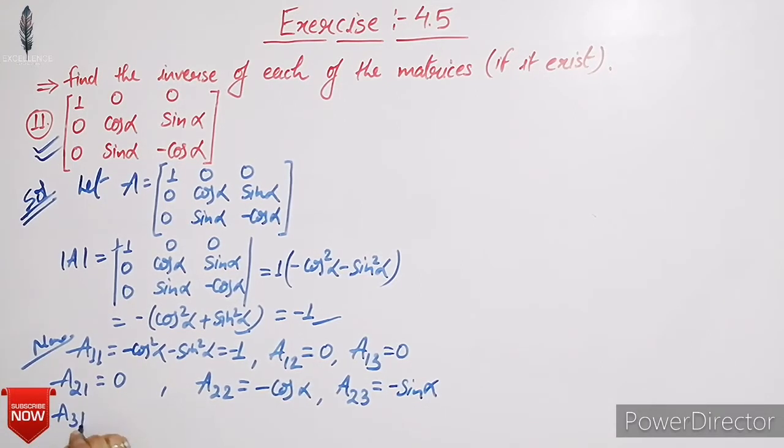Now A31 on blocking third row first column is equal to 0. A32 is minus M32, so here it is -sin alpha. And A33 is positive M33, which is equal to cos alpha.